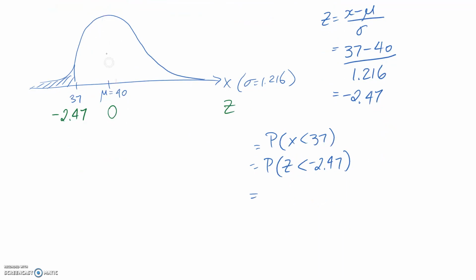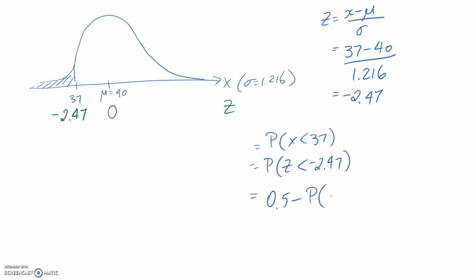So I know that half of this diagram has an area of 0.5. And so if I work out the area in this little bit and take it away from the 0.5, it's going to leave me with this blue section that I'm interested in.